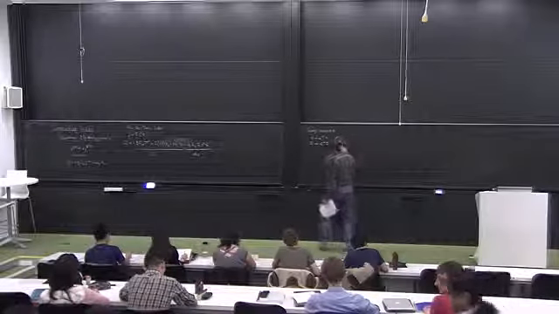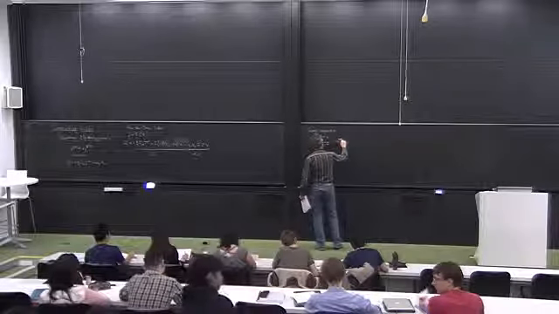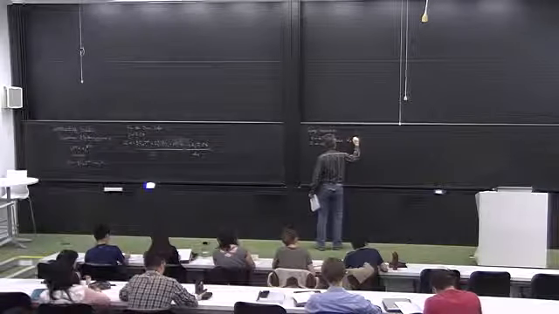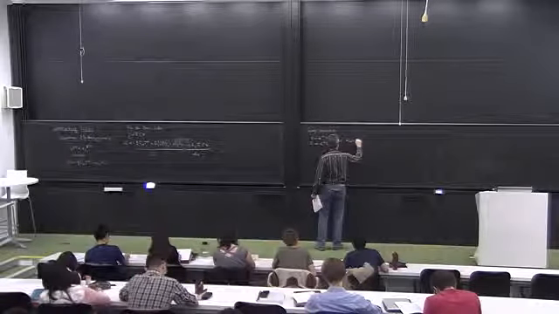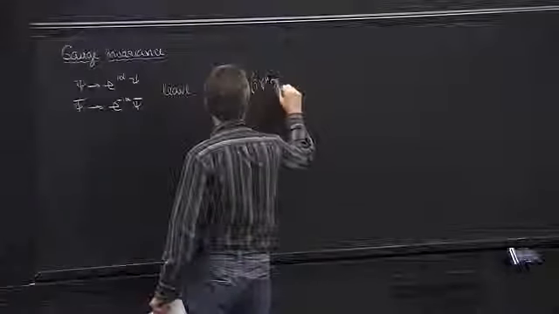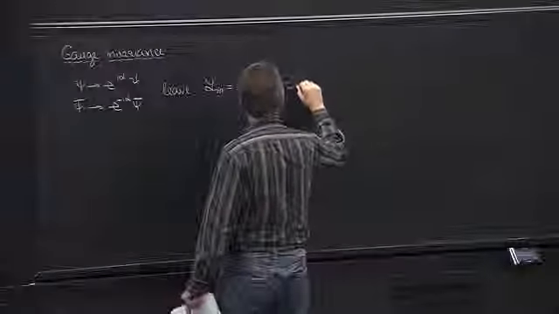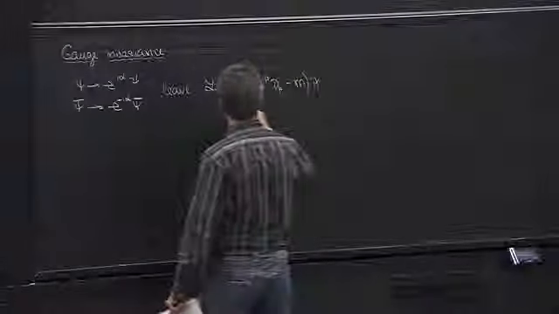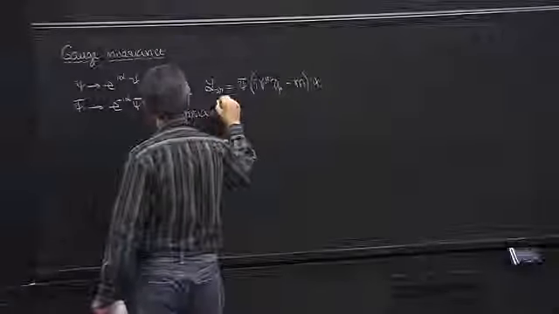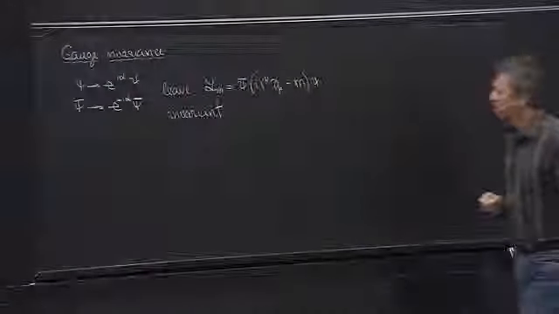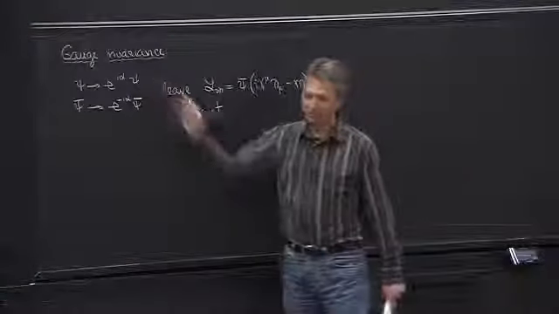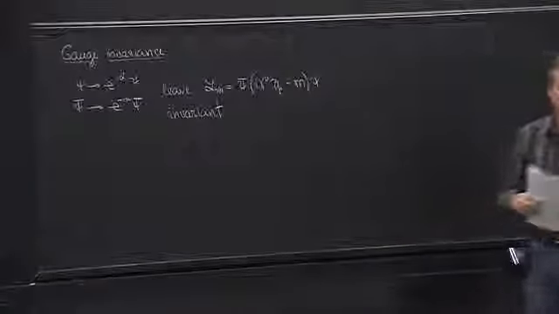So these transformations leave the Dirac Lagrangian invariant. So here, alpha is an arbitrary parameter, an arbitrary number.